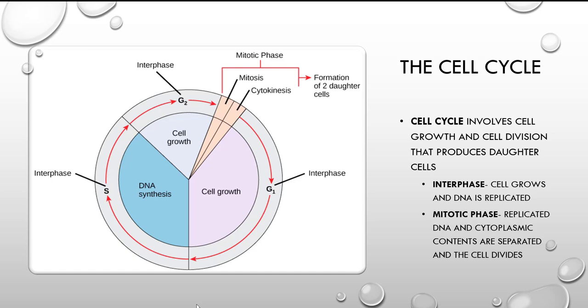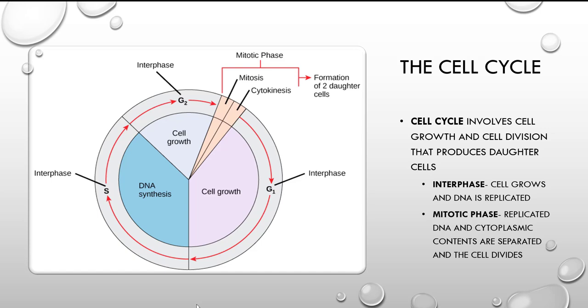Now we learned back in chapter, what was it, like 3, about the contents of the cell, like the Golgi apparatus and the rough ER and the smooth ER and all that. So we're really not going to talk about how that part of cell growth takes place, but just realize that all of that is taking place during this process of the cell cycle.